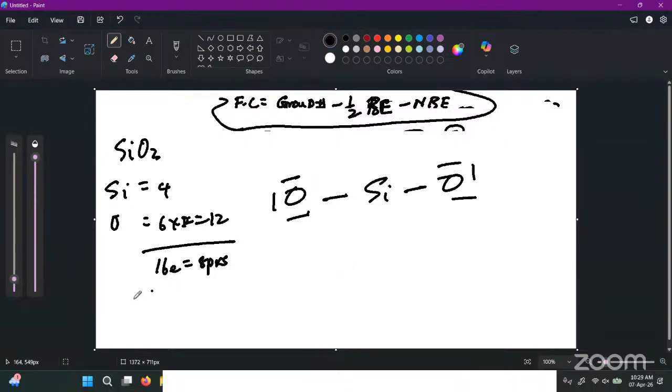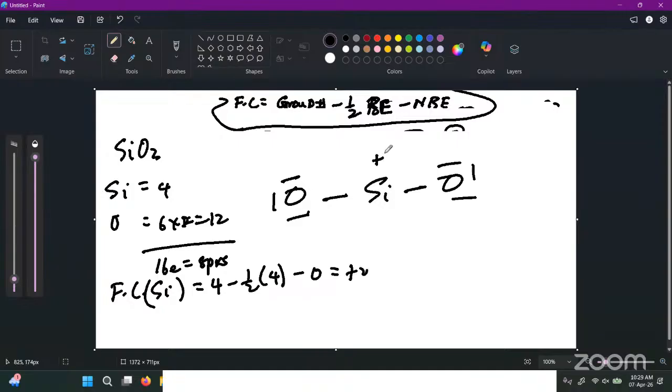Okay, what next? Formal charge. So how do we calculate formal charge for silicon? That's going to be 4 minus half the number of bonding electrons, which is 4, minus non-bonding, which is 0. Okay, so that gives you a total of 4 minus 2, so that's +2.